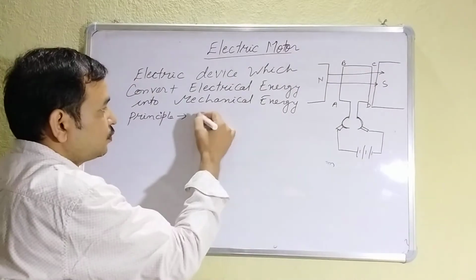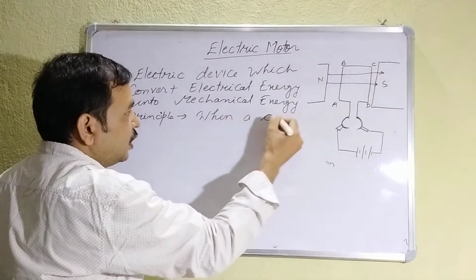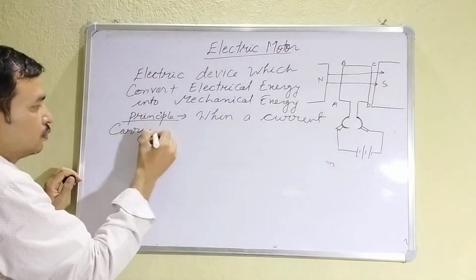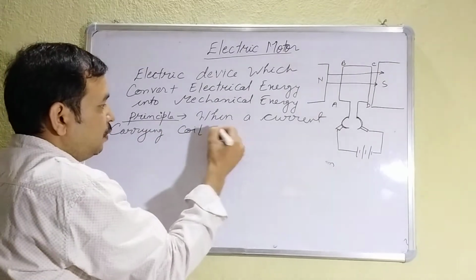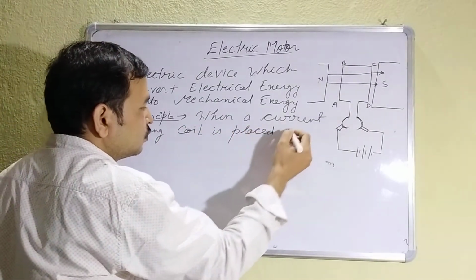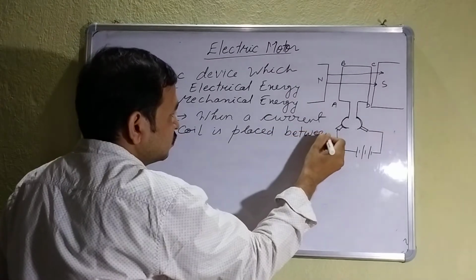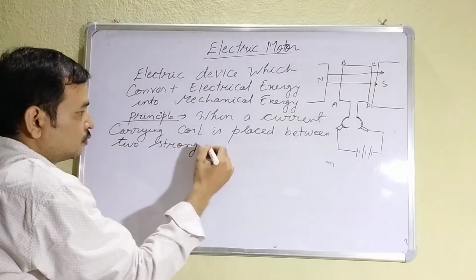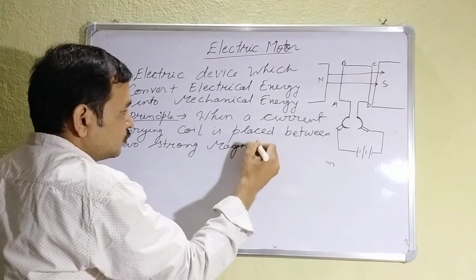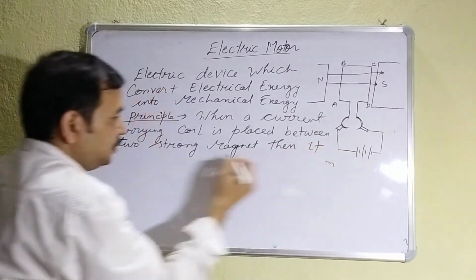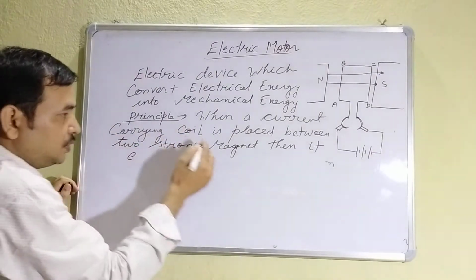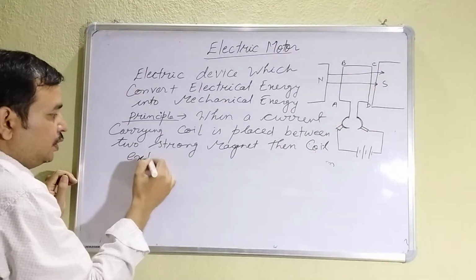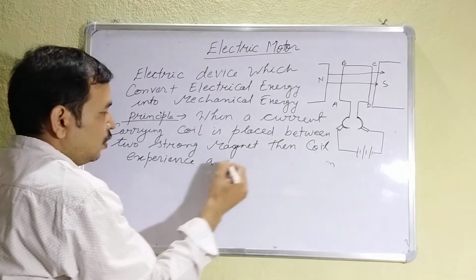So what is the principle? When a current carrying coil is placed between two strong magnets, then the coil experiences a torque.